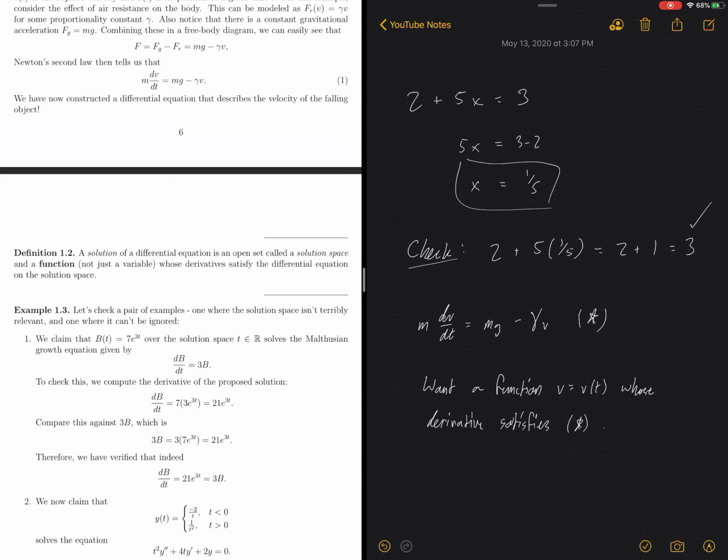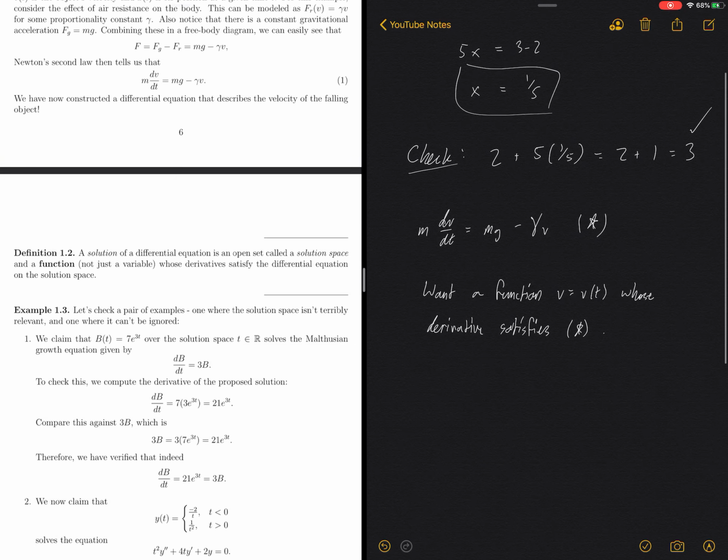So we need to know two things here. Just like in our algebraic equation, we need to know how to solve for that x and then check that this particular x actually does satisfy the equation. We're going to do the same thing here.